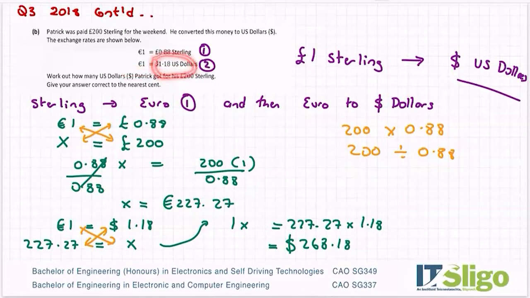Dollars is bigger, so if you're exchanging 227.27 euros to dollars, you would expect the dollars to end up being bigger, because in the exchange rate the dollars are bigger than the euros. Again, you're going to end up multiplying or dividing by the exchange rate. In this one, it's a multiply to give you your exchange. So this would be the formal way of doing it, but there is an informal way of figuring it out that works just as well for some people.